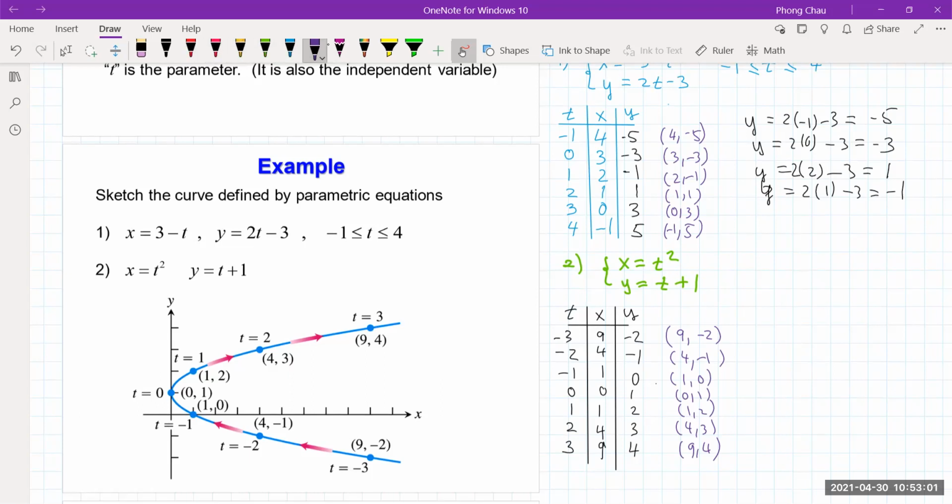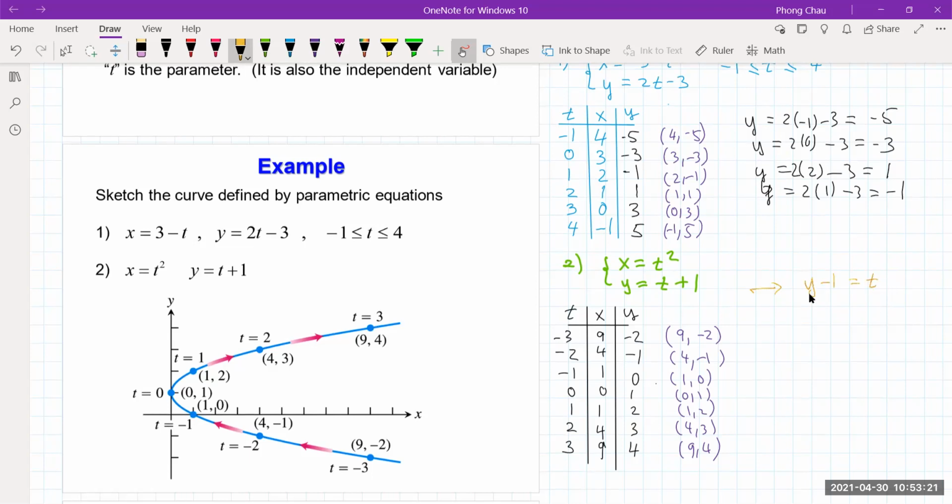So for example, I'm going to pick an equation; I like the second equation better because it's easy to solve for t. If you solve the second equation for t, subtract 1, right? So you get y minus 1 is t.